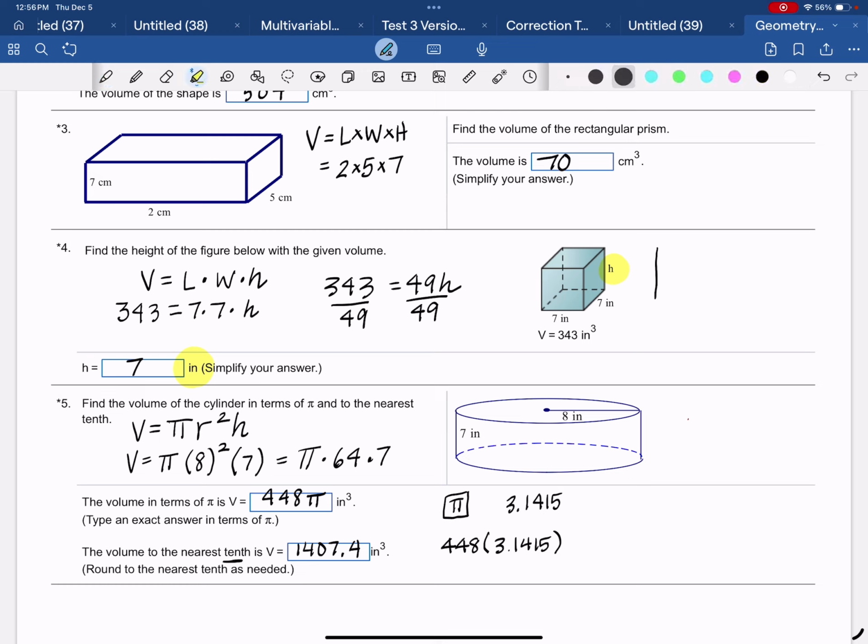And again, because we're doing volume, both of these are in cubic inches.